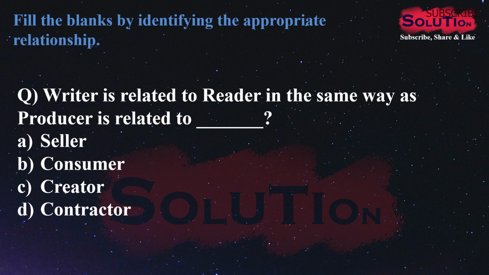In the same way, a producer produces something and someone has to consume it, use it, and those who are using it are known as consumers. So producer is related to consumer, who consumes. The producer produces biscuits and the consumer consumes.